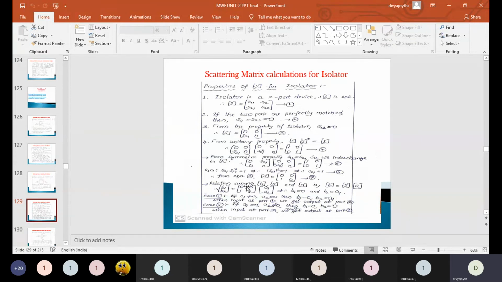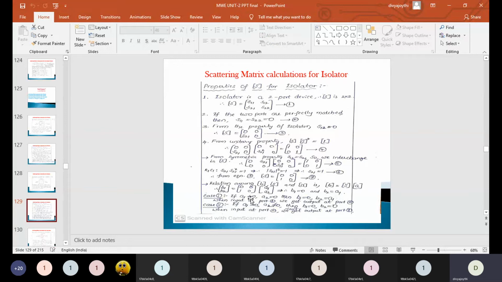Now we need to get the relation between the input port and output port. So we'll take B1, B2, this matrix 0, 0, 1, 0, and A1, A2. When you multiply the row and column, we'll get B1 as 0 and B2 as A1. And we'll go with the two cases analysis in order to get the values of B1 and B2.